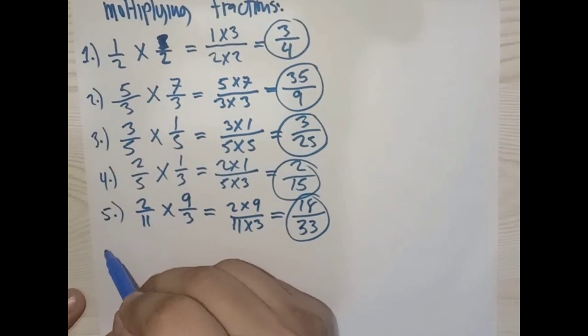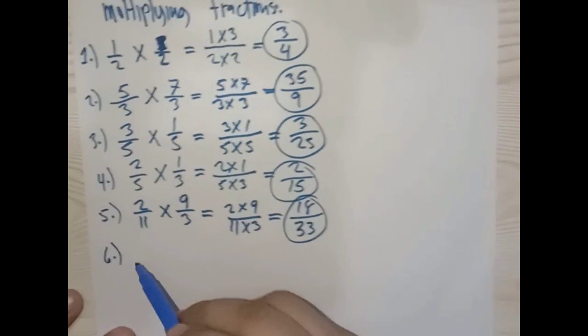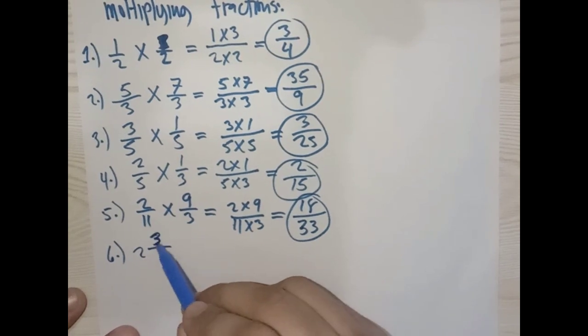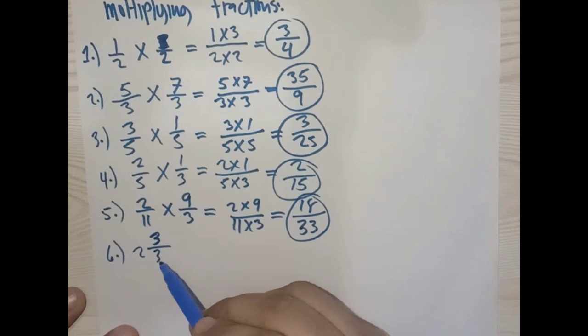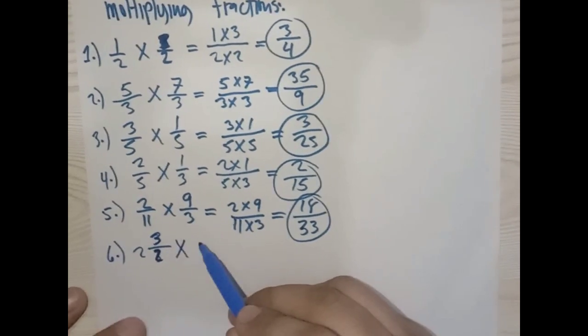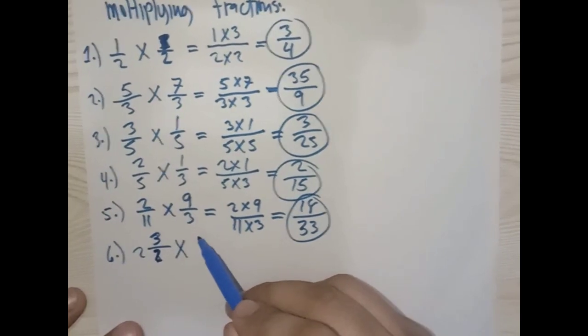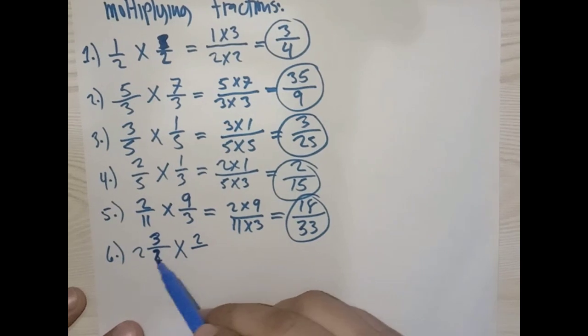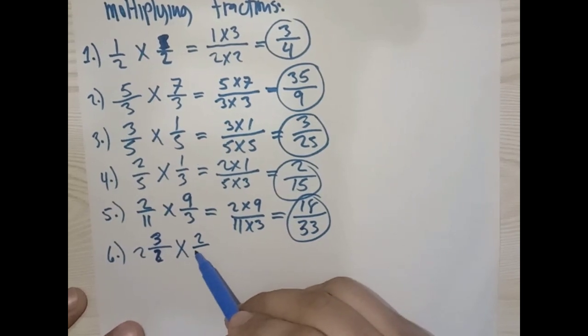Okay, for example, number 6: 2/3 times 3 1/2... times 2/3.